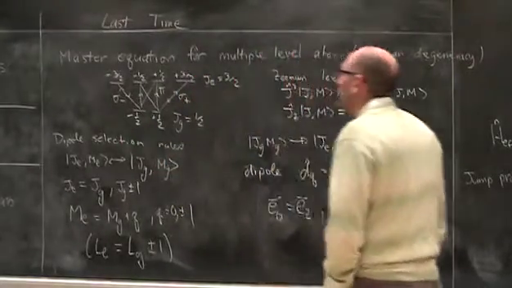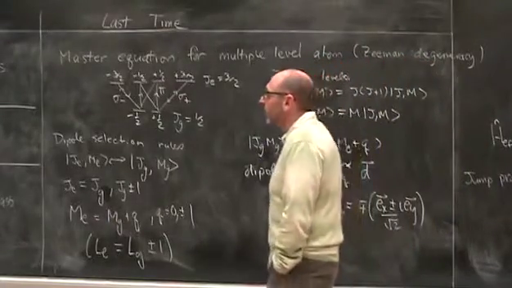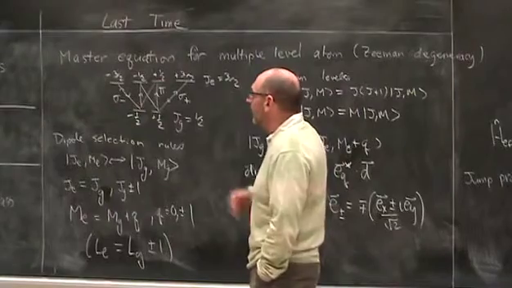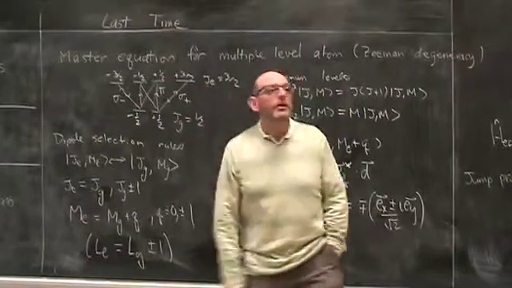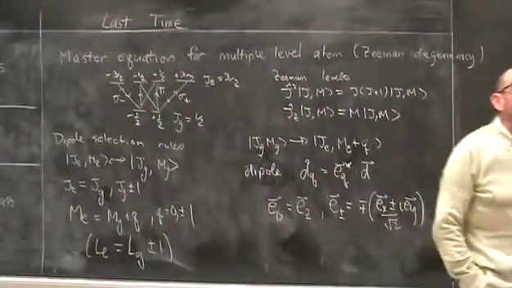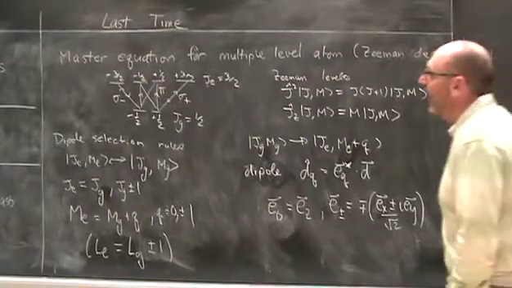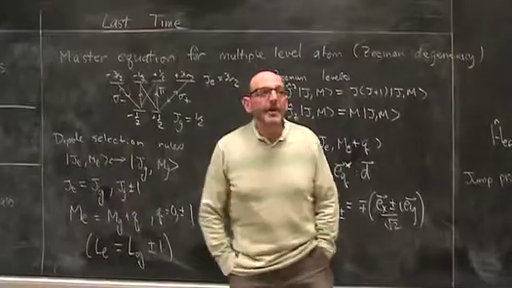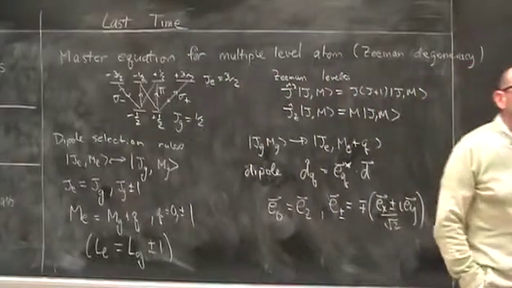The dipole selection rules tell us that the total angular momentum quantum number can be the same or change by 1, and the projection of the angular momentum along any axis can stay the same or change by 1. Okay?